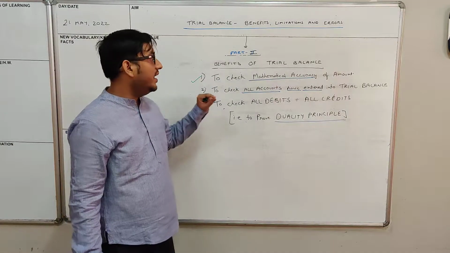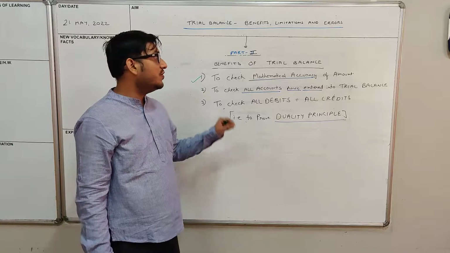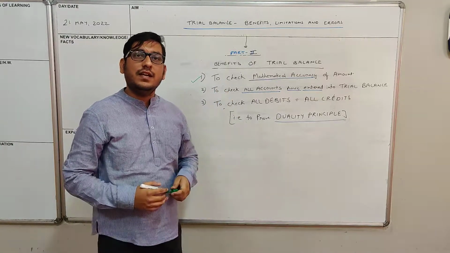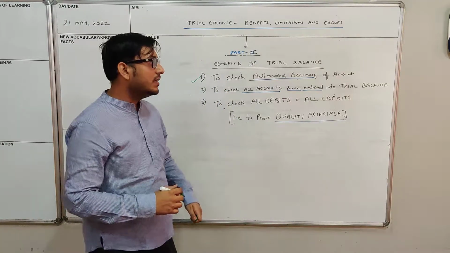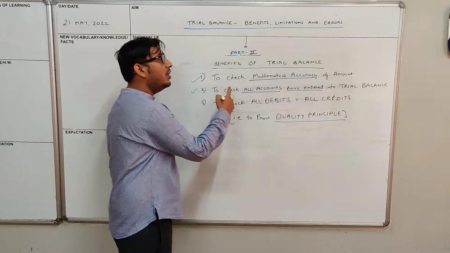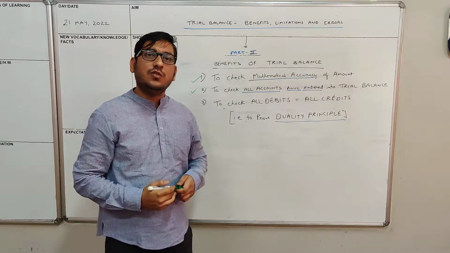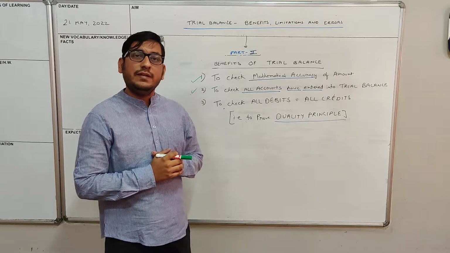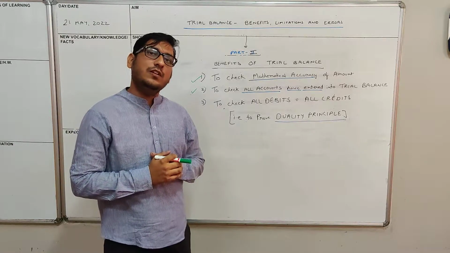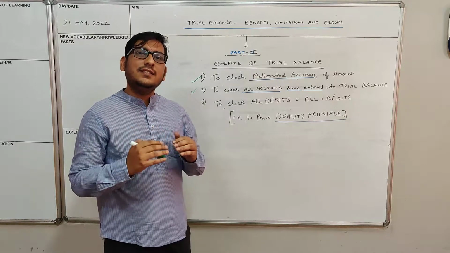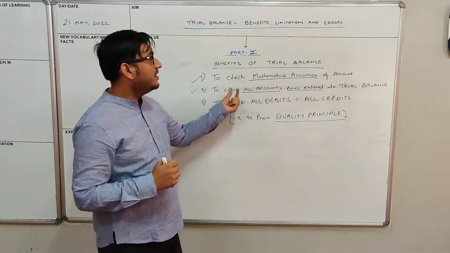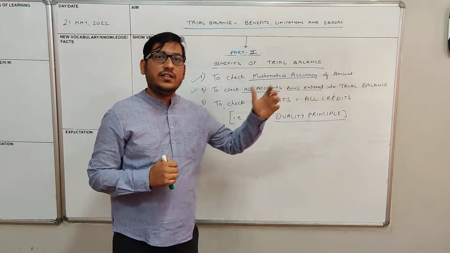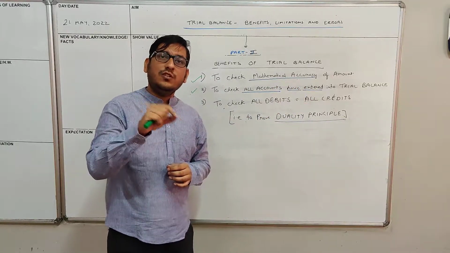The first and foremost importance of trial balance is to check the mathematical accuracy of the amounts. The second is to check whether all accounts have been entered into the trial balance or not. That is, if any account has not been entered into the trial balance, it will not match. So trial balance is a prima facie check that all accounts have been entered.